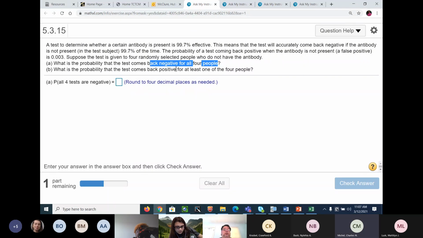It should be. Does it say negative? Wait a minute. No. Okay, read this. A test to determine whether a certain antibody is present. This means that the test will accurately come back negative. A false positive is 0.003. So coming back negative would be 0.997 to the 4th power.